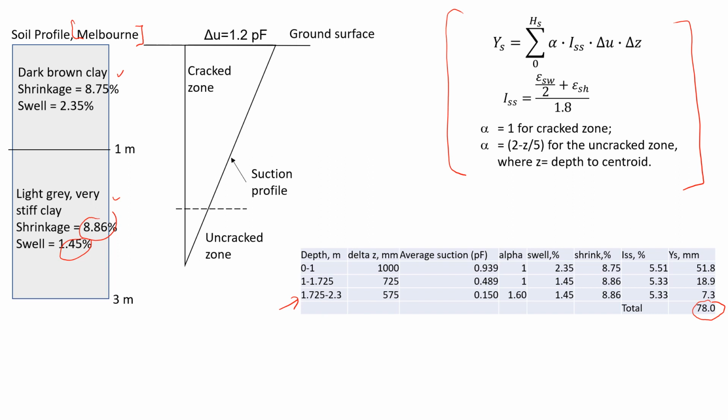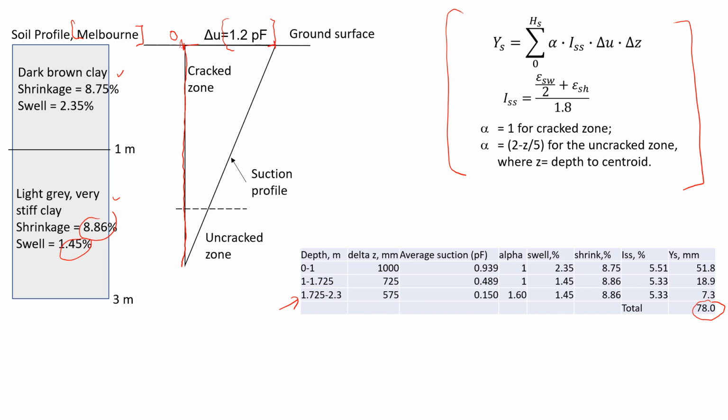Usually we're going to schematically show the suction profile. So this will be the depth. This will be the ground surface, which is going to be 0. And we know that for almost all cities in Australia, and probably other countries, the recommended change in the suction on the surface will be 1.2 pF, and I showed you before in the table.